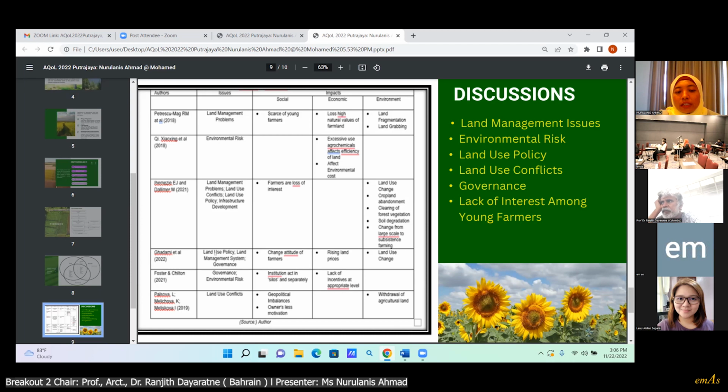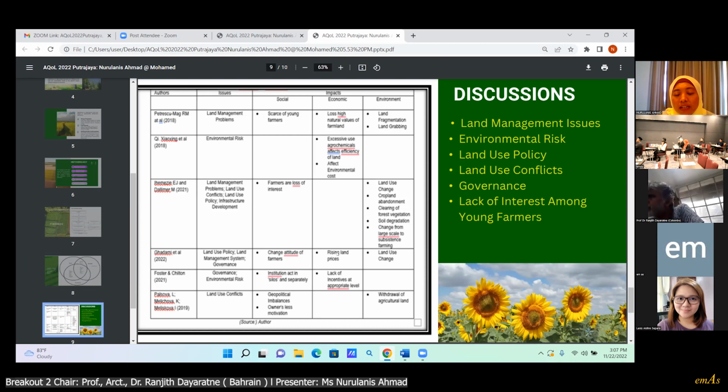And for the problem of land use policy, land management system and governance, because of the legislation instrument as well, the demand for development is there. So the conversion of land use from agriculture to development and commercial use is quite active. Of course, there are significant impacts in terms of the economic aspect.